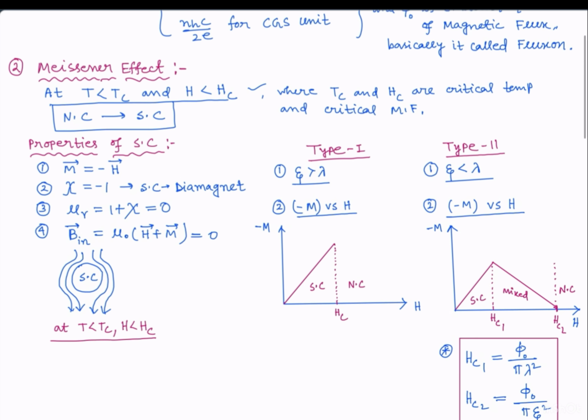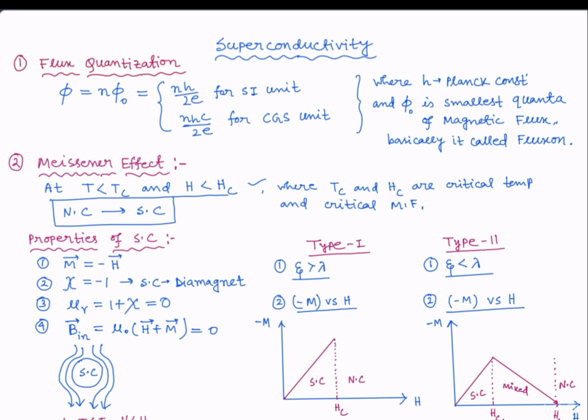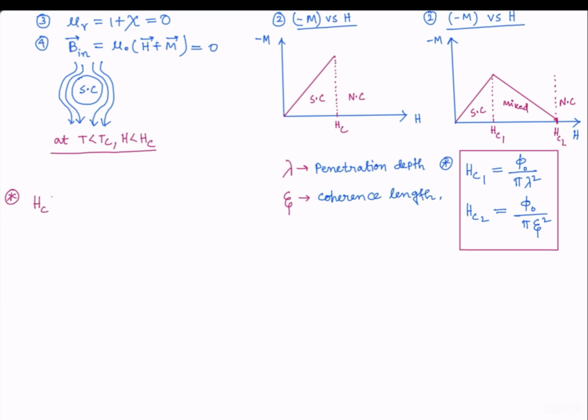The most important thing I have forgotten: remember the band gap of the superconductor is always 1 meV. It's milli electron volt, not mega electron volt. Hc at temperature T equals Hc at temperature 0 into 1 minus (T by Tc) the square.